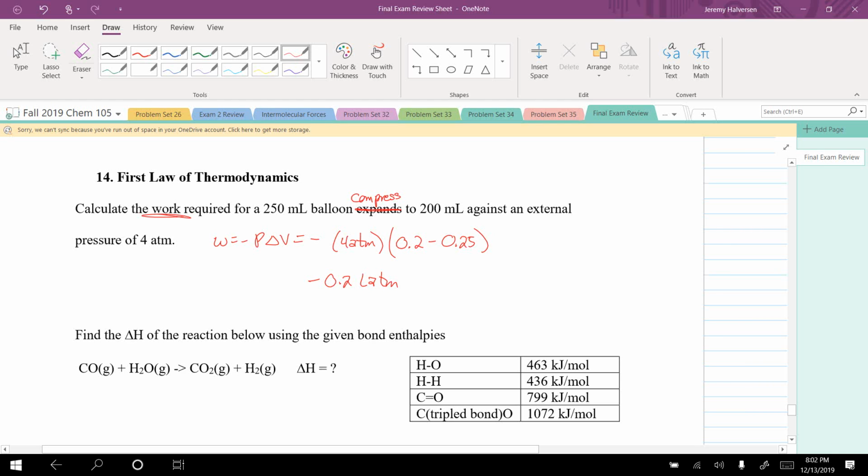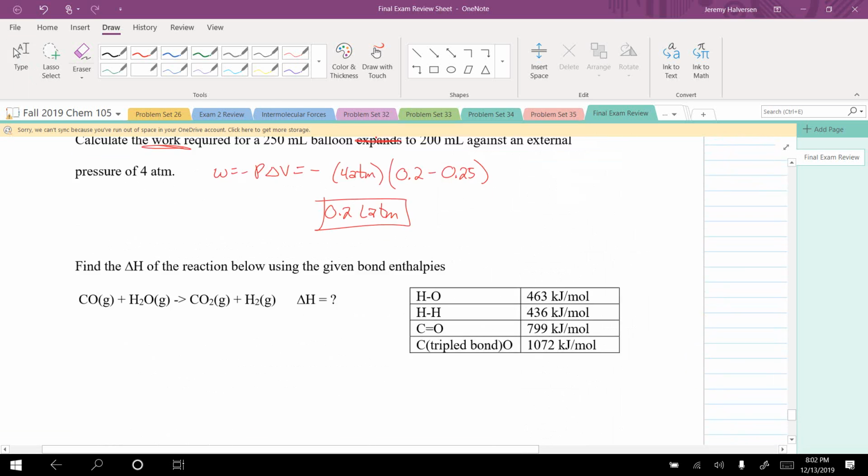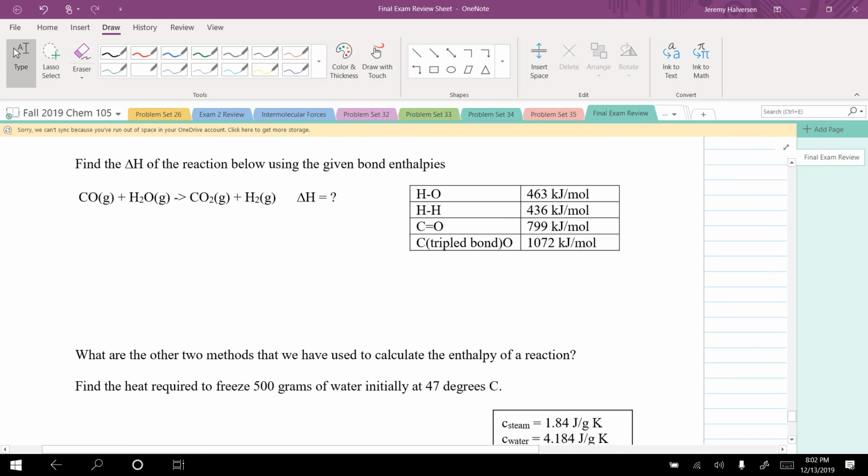Final. Hold on, what am I doing wrong? Oh, it should be positive. Yeah? Negative P delta V. Okay, we're feeling good because that's the end. 2 problems left.